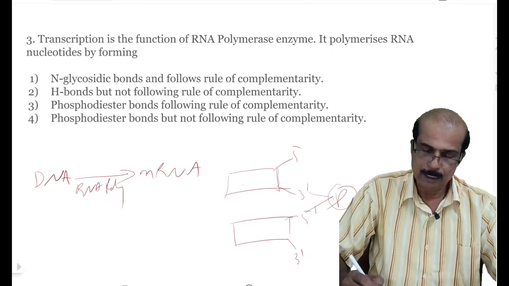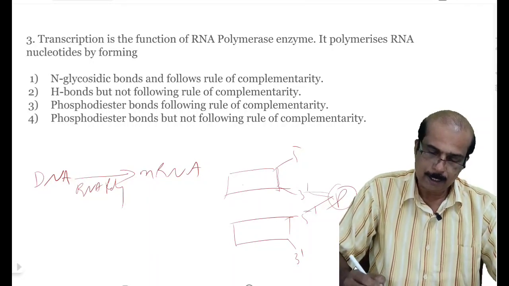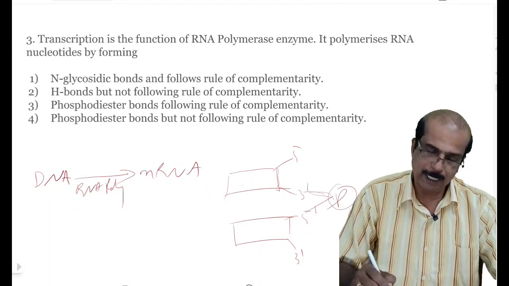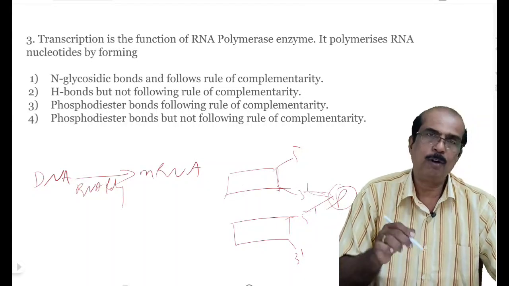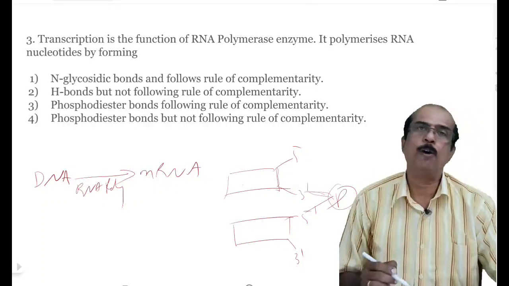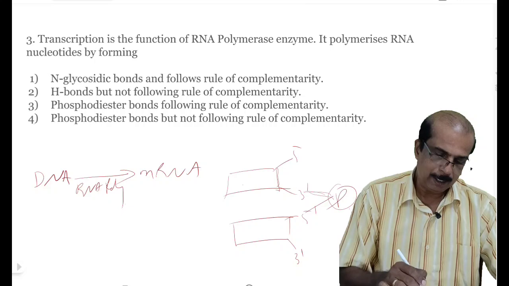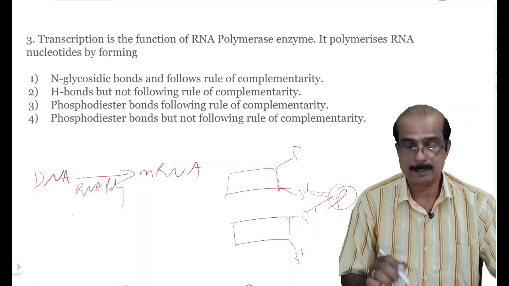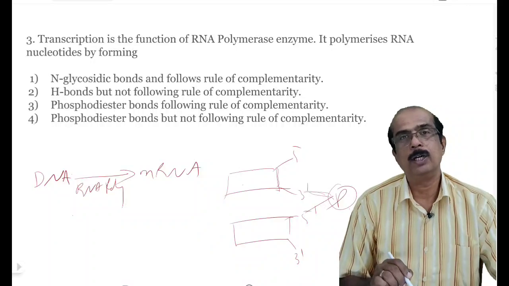group. Here the bond is phosphodiester bond. Phosphodiester bond is formed. So you can select option 3 or 4. Then when transcription takes place, the process obeys the complementarity rule.